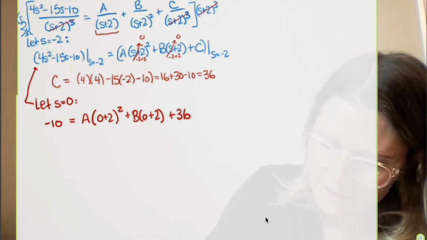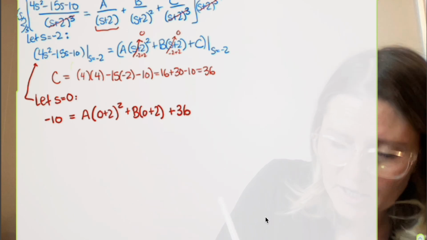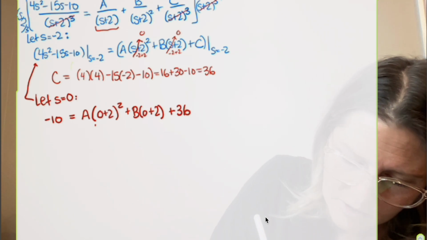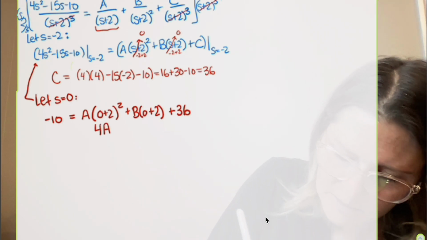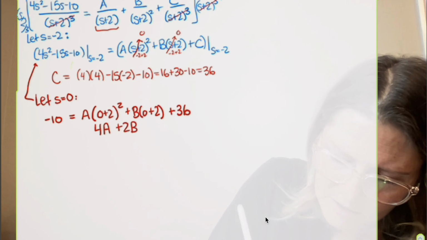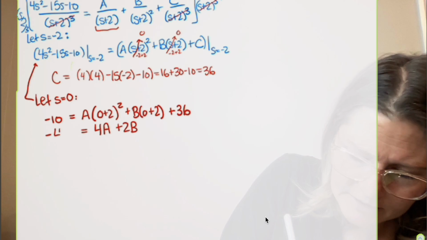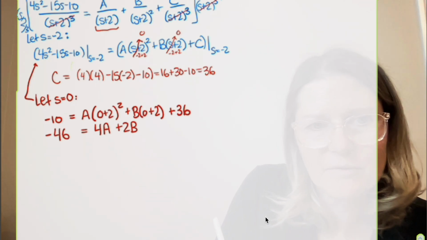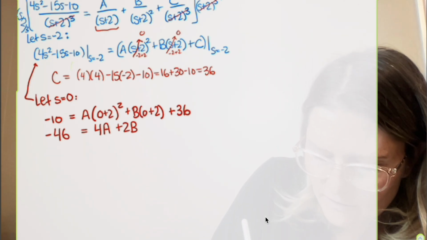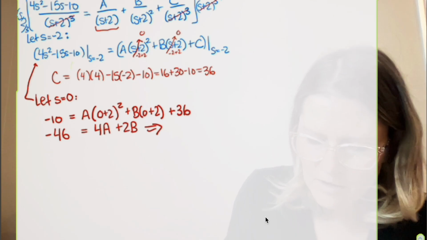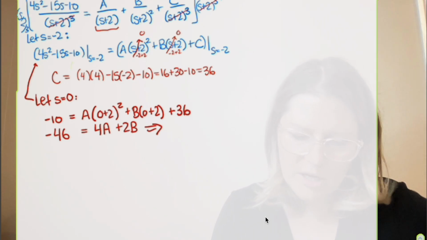So now I have an equation with a and b in it, so multiplying this out, that becomes 4a plus 2b, and I can bring over the 36 on the other side, so I get a -46, and then I could even solve this for either a or b.